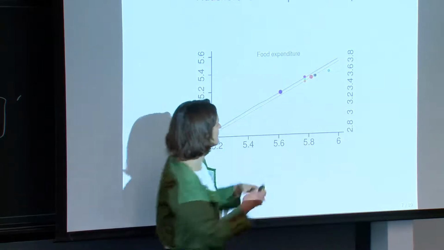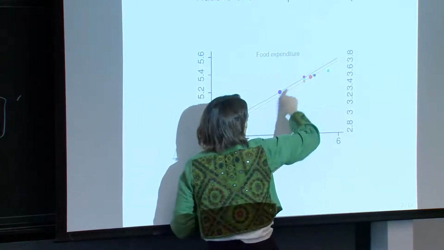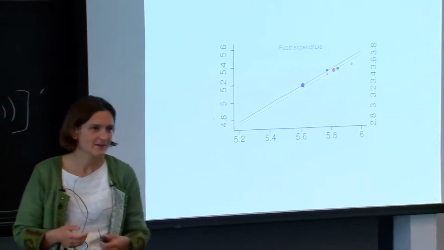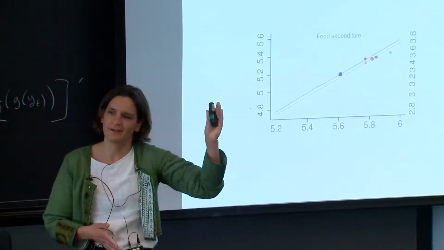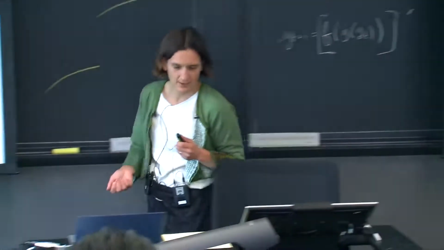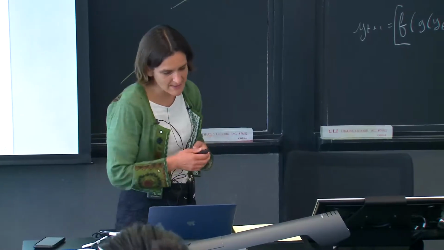So you could draw a line coming from these points. It would be pretty well aligned with the simple OLS lines. That is a simple OLS regression of food consumption on overall consumption. And that gives us the elasticity.